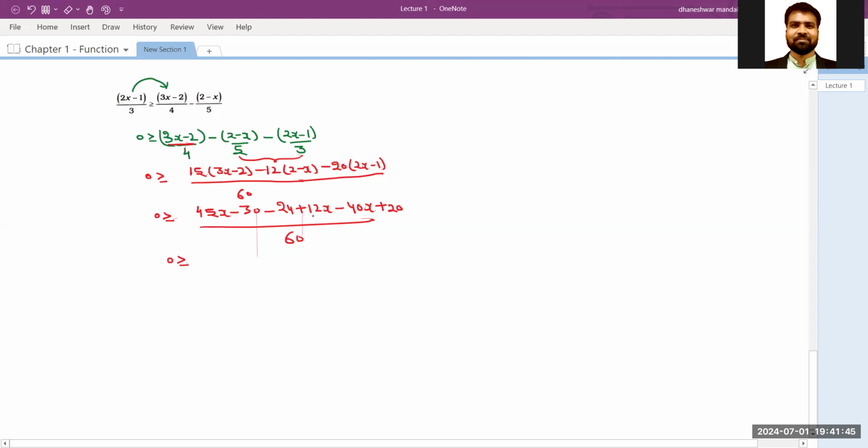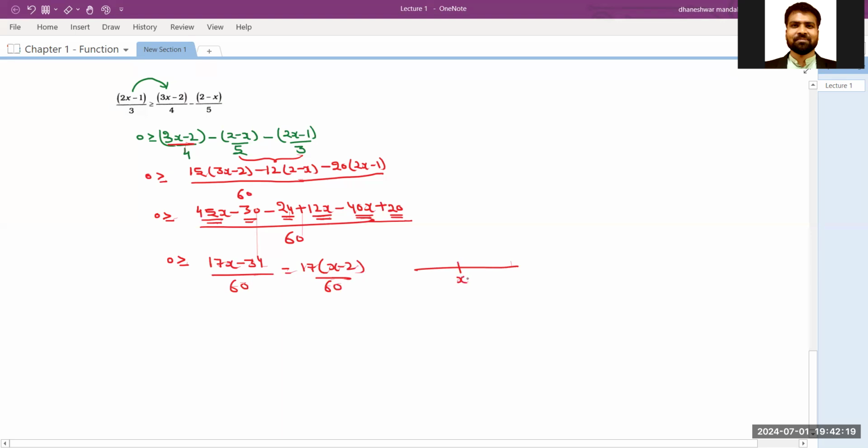From here, see, 12x and 45x are positive and 40x is negative. It means 5x is remaining, and 5 plus 12 is 17, so 17x is there. And minus 30 and plus 20 means minus 10 remaining, and minus 10 and minus 24 means minus 34 is there. Okay. If I take 17 common from these terms, then I get this type of inequality.